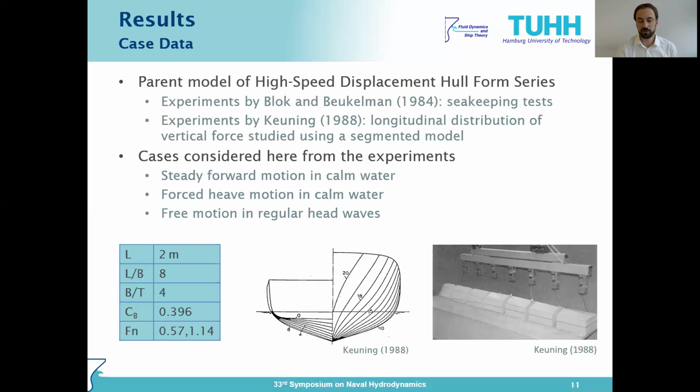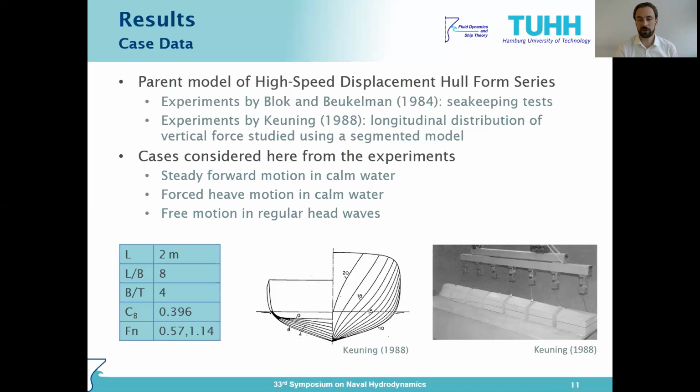And the cases from these experiments that we considered in our paper are steady forward motion in calm water, forced heave motion in calm water, and free heave and pitch motion in regular head waves.